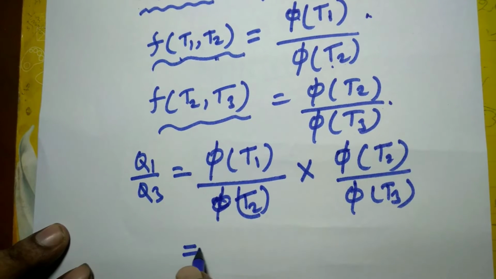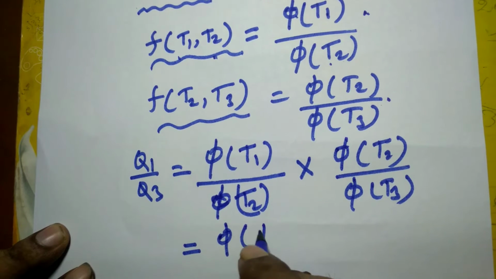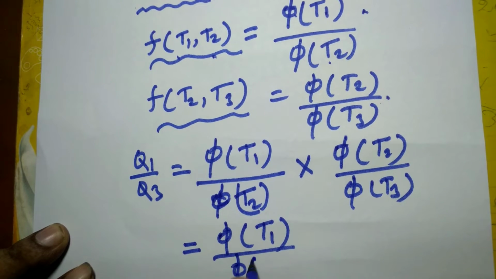So this is equal to phi T1 divided by phi T3.